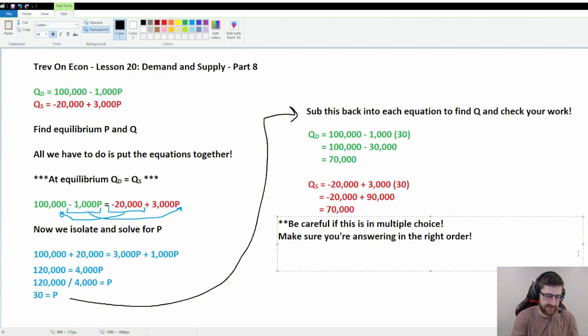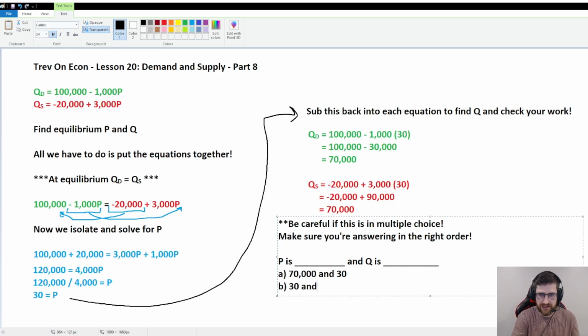What I mean by that is if the question is P is something and Q is something, and option A is, I don't know, 70,000 and 30, and option B is 30 and 70,000, make sure you're picking the one that goes in the right spot. So in this case, the answer would be B, because 30 is the price, 70,000 is the quantity. It's a very easy mistake to make, and you don't want to be making that mistake at the end of the game like this.